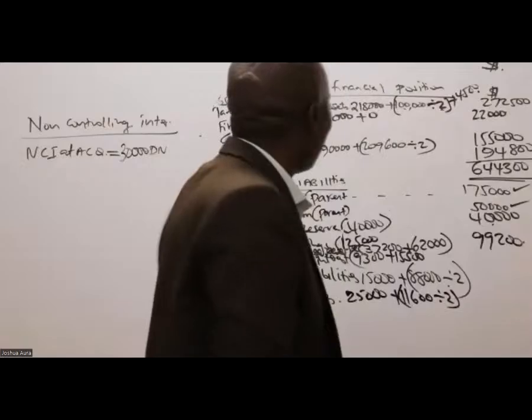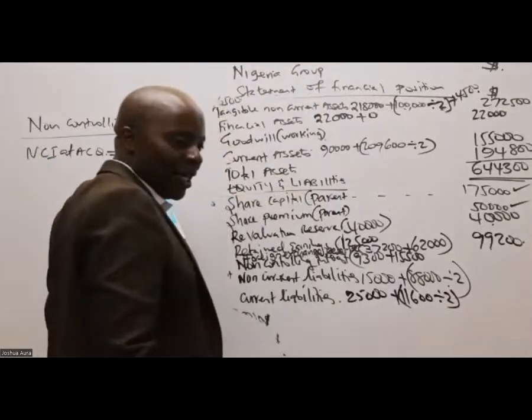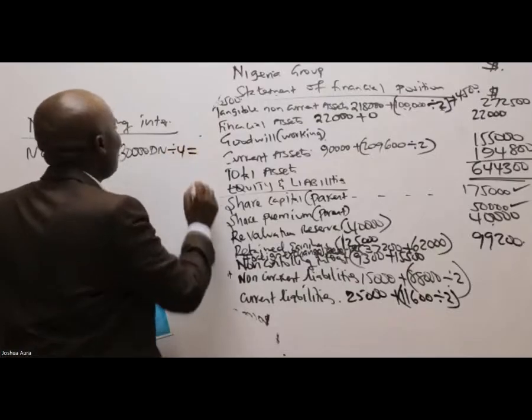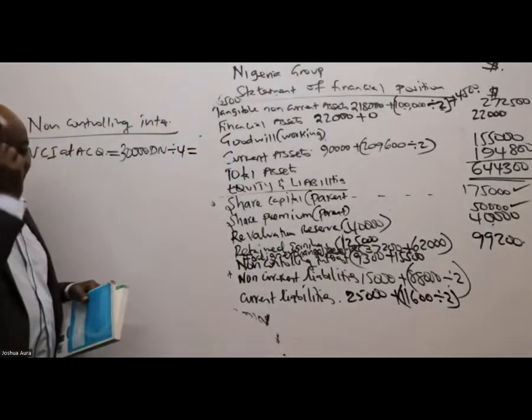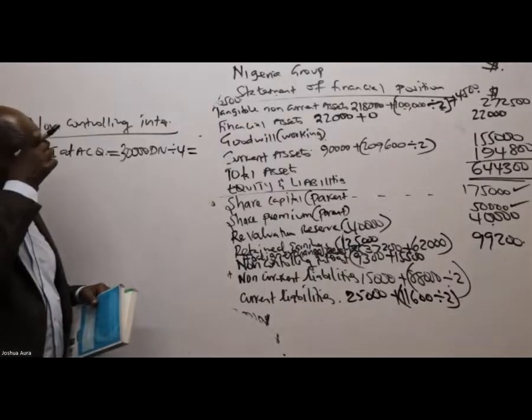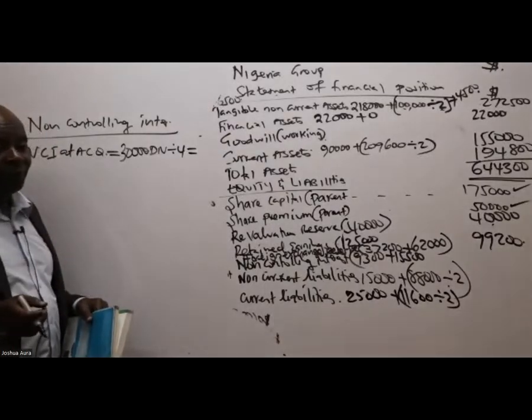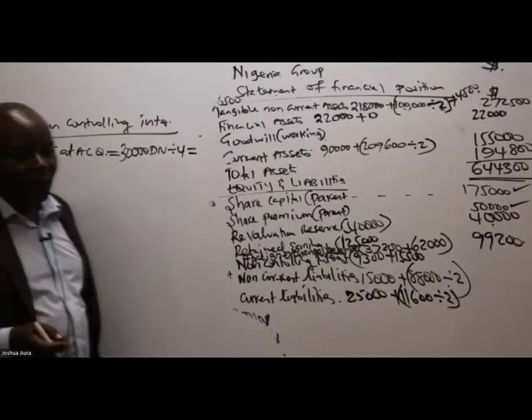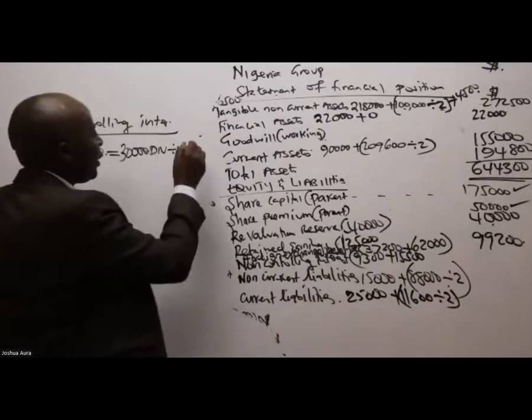Because you can see here, we are saying NCI at acquisition at 4. So divide this with 4. Could you kindly give me this figure? Yes, 7,500. Thank you very much.